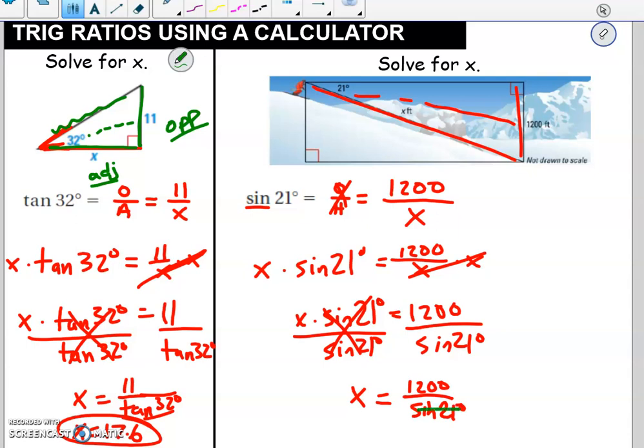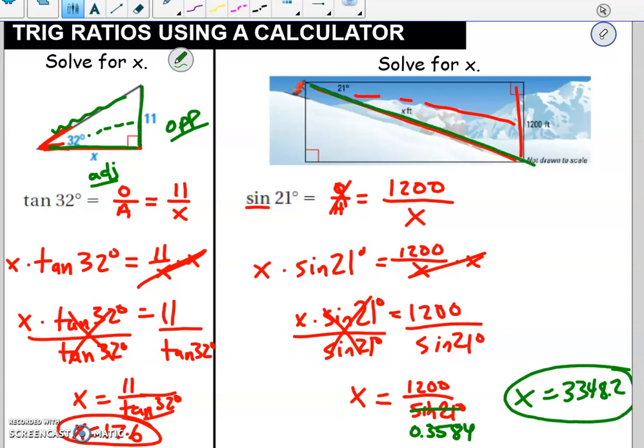It ends up being a value of about 0.3584 roughly. Okay, so when you take that 1200 and divide it by the sine of 21, which is about 0.3584, you get a value of 3,348.2. And so we use that trig ratio in order to solve for the distance that skier would go down, because that's really the hypotenuse of that right triangle.